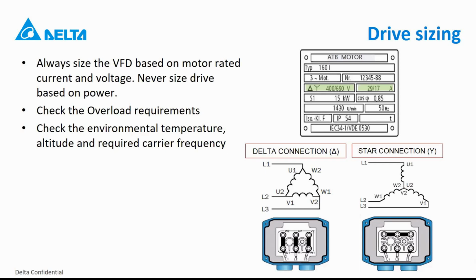If the installation is at some really high altitudes, over 1,000 meters, then you also need to derate for that. We have some derating graphs for each 100 meters or so, where you have to derate by a certain percentage, because what happens at higher altitudes is that cooling becomes less efficient.